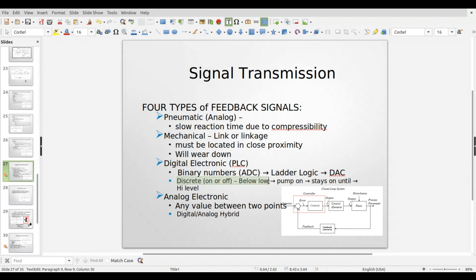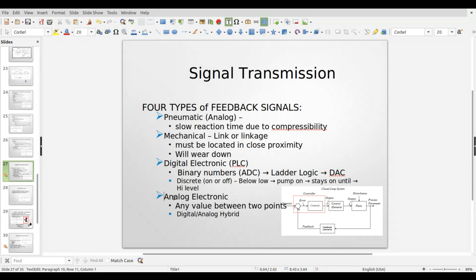Discrete will work for certain types of jobs, but the analog will give us constant monitoring of the system and react constantly. So we can change the speed as the level increases or decreases, or whatever the case is. We can make continuous adjustments to that.